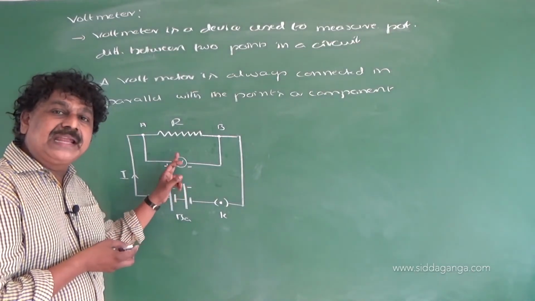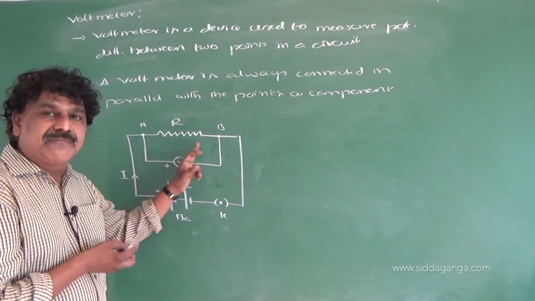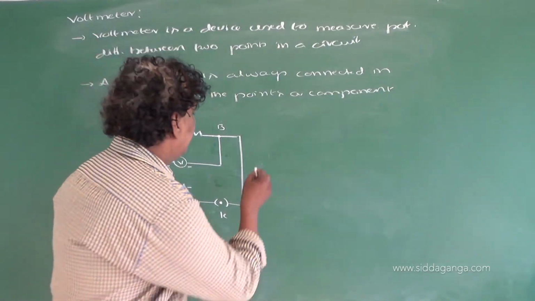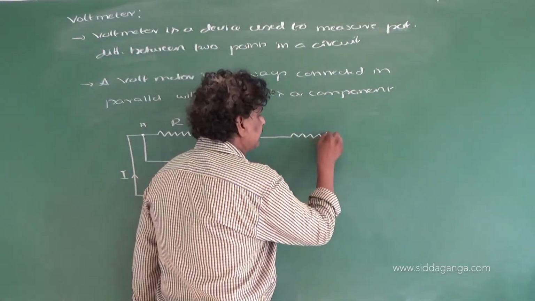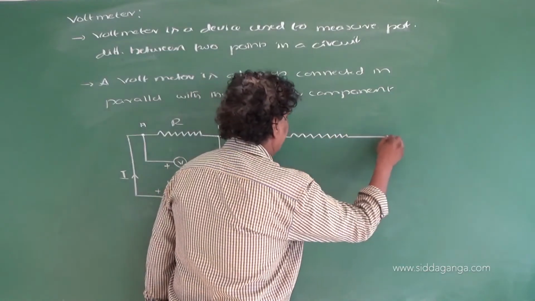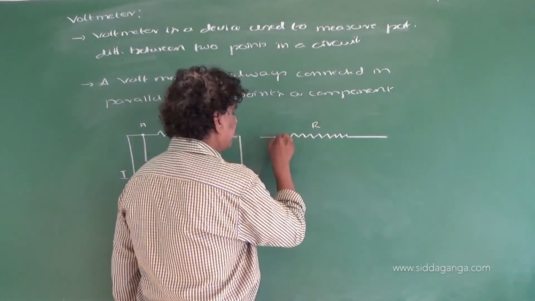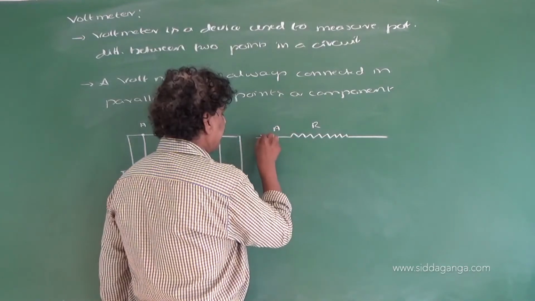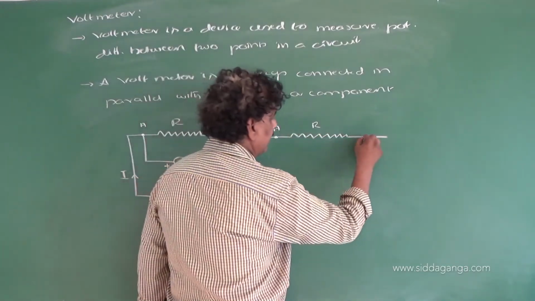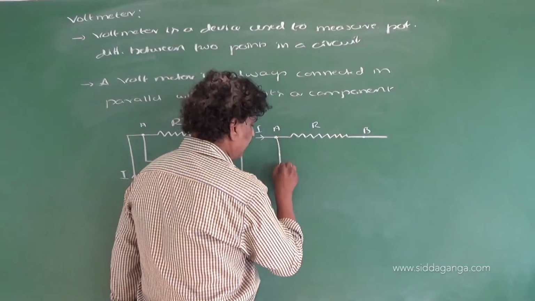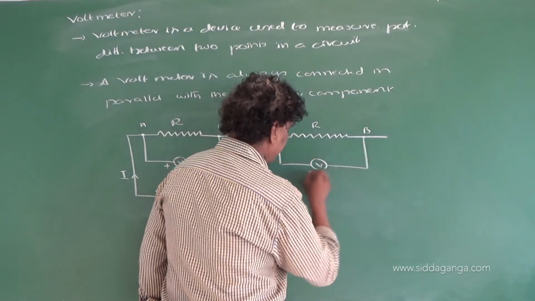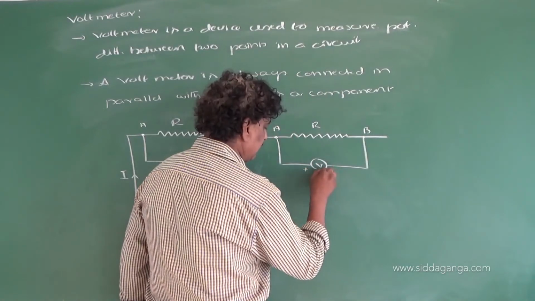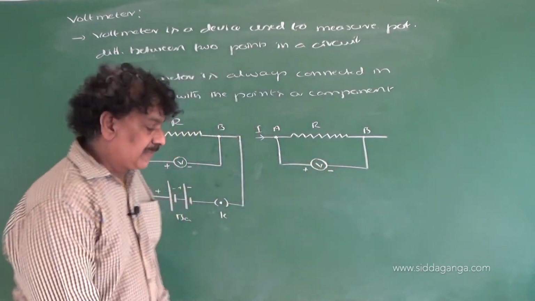The pointer indicates the potential difference between these 2 points, right? Now it can be represented like this. This is resistance R, point A, current I, point B. Now this is voltmeter, plus or minus.